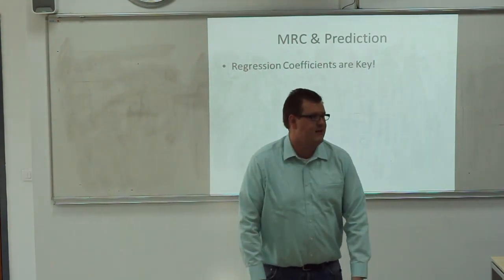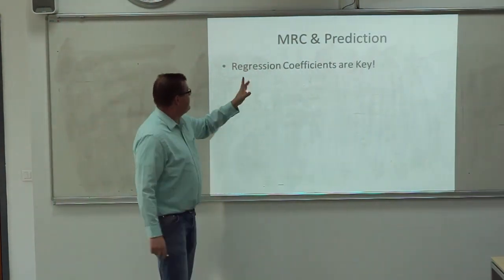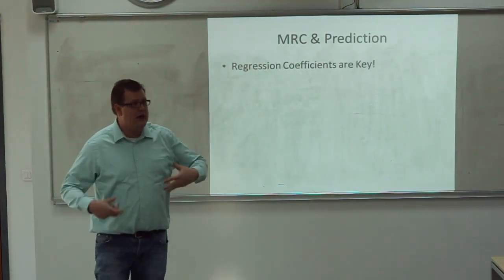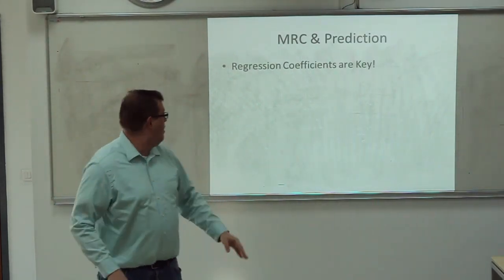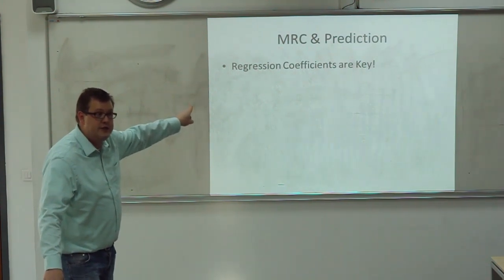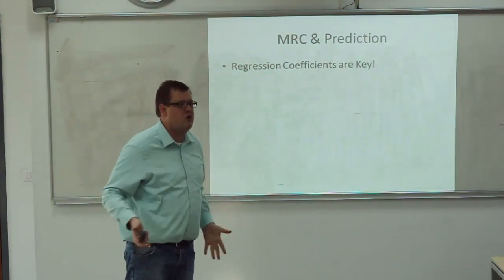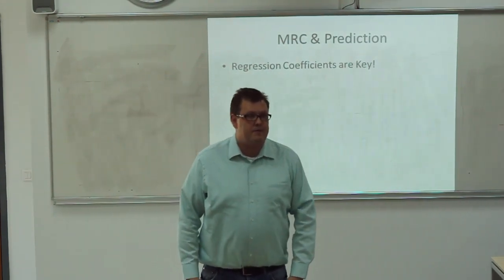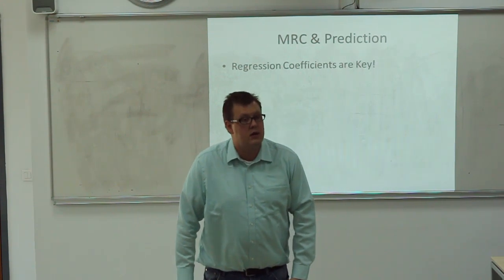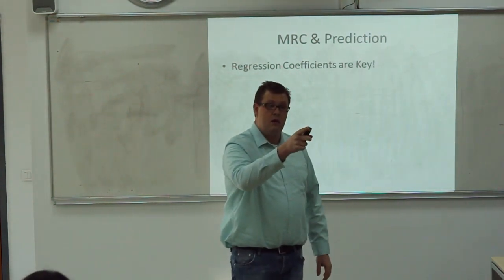So, for multiple regression and correlation analyses, when people are trying to make predictions, they're typically more interested in the regression coefficients than the corresponding correlation coefficients or the partial correlation coefficient. Why is this? Maybe because the slope makes the relationship between independent and dependent variables.